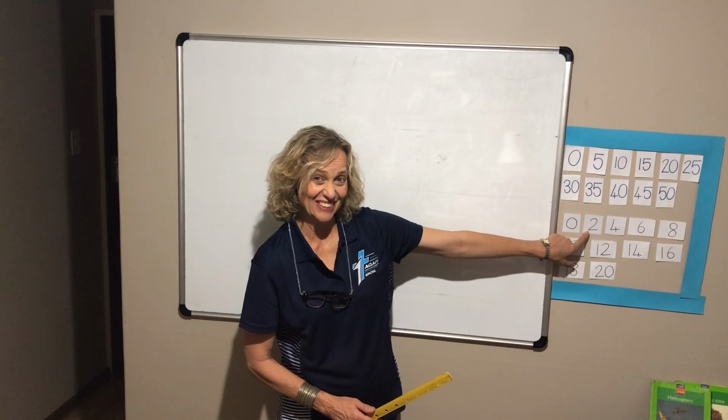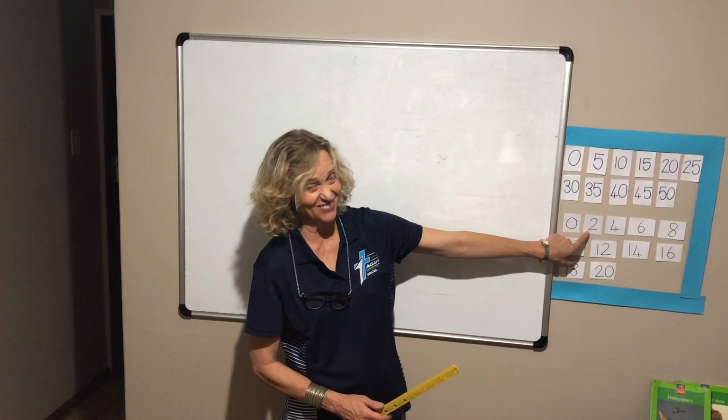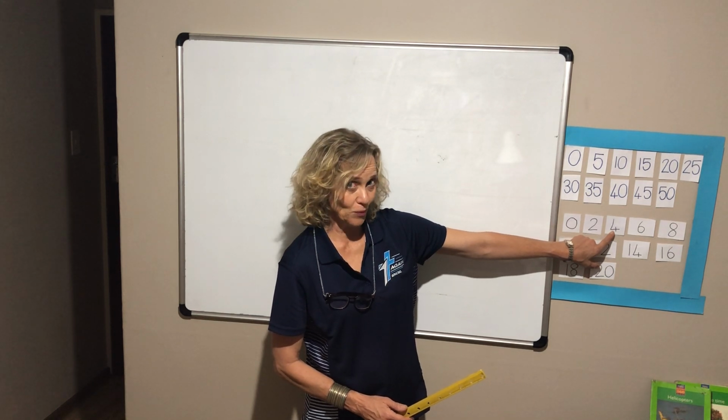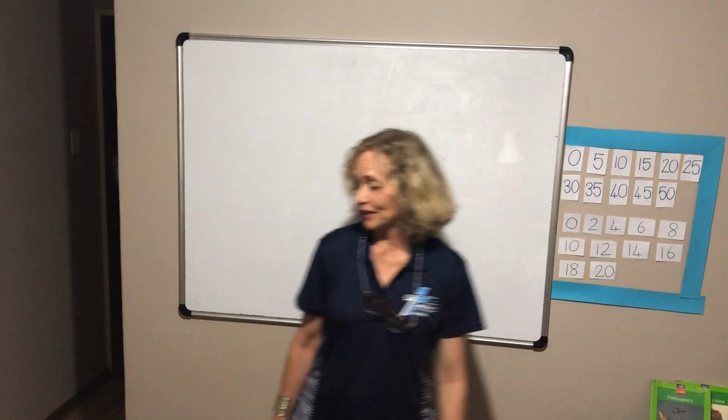That's not a good example because you can't turn 2 times 2 around. I caught myself out. But if I say 4 times 2 is 8, then I can also say 2 groups of 4 will be 8. And we're going to look a little bit at that. Okay, so here we go.